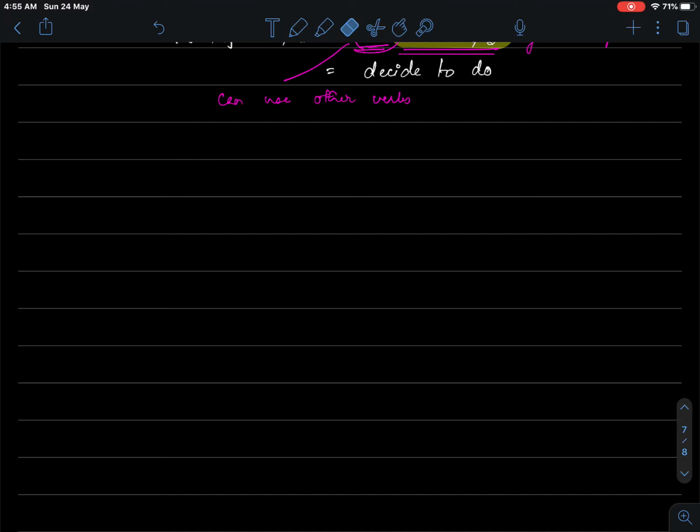Oh, I apologize. I ended up writing kanjis because I was too focused on writing the kanji. So this is kaku koto ga nai, which means there is nothing to write about.